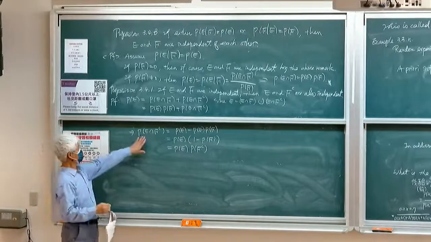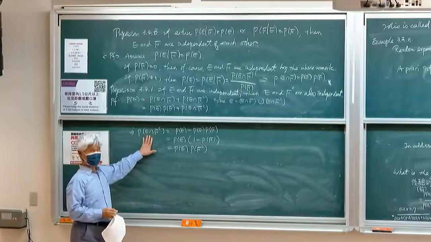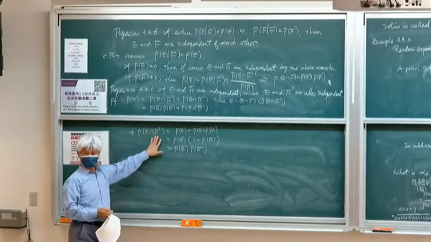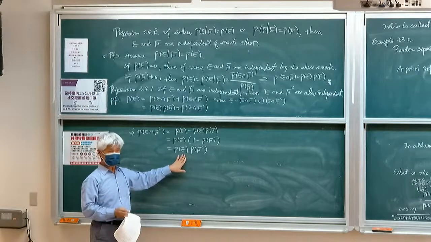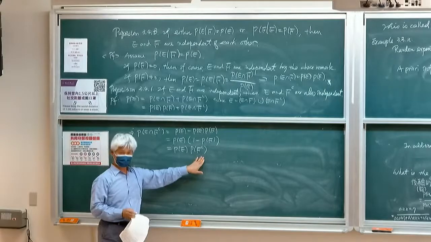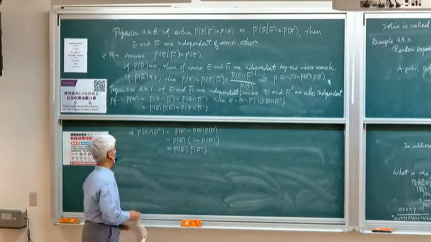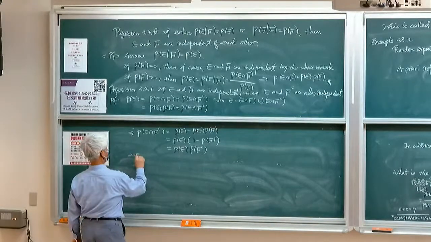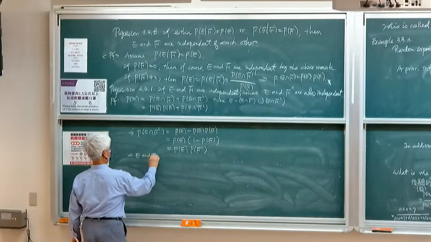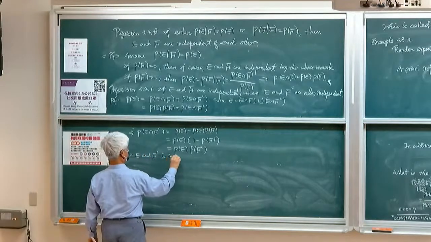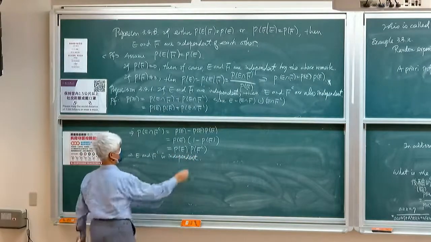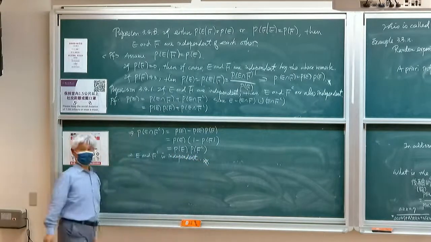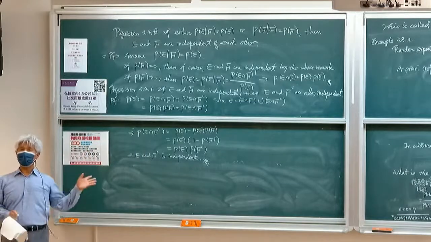And now we have proved that the probability of the intersection of E and F complement is equal to the product of the probability of E and the probability of F complement. Okay, so E and F complement are independent. So this is done.